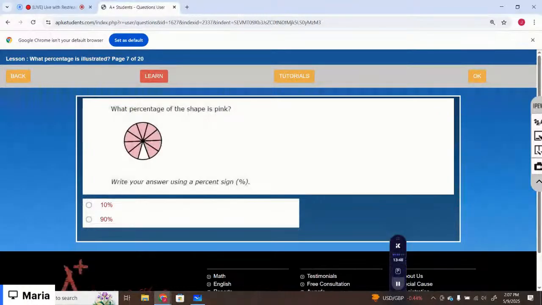What percent of the shape is pink? That is 90%. Option number two is the correct option. 90% of the shape is pink.